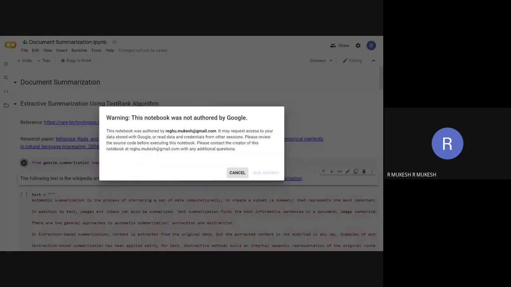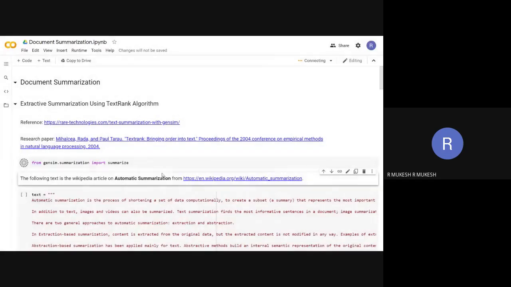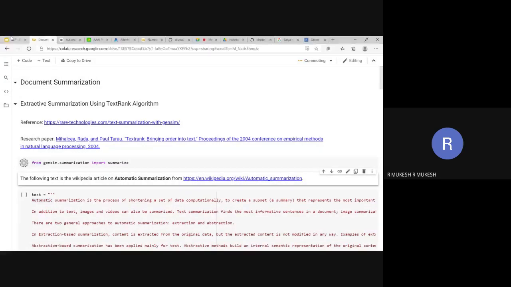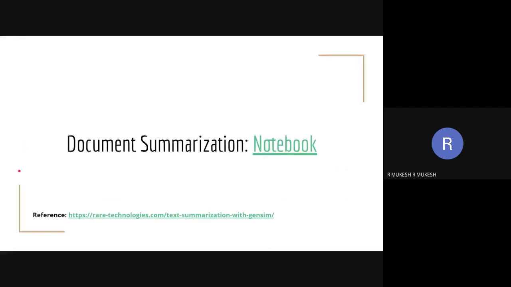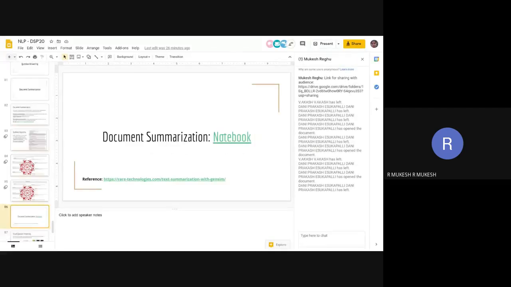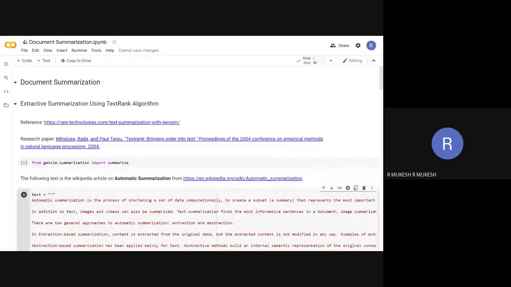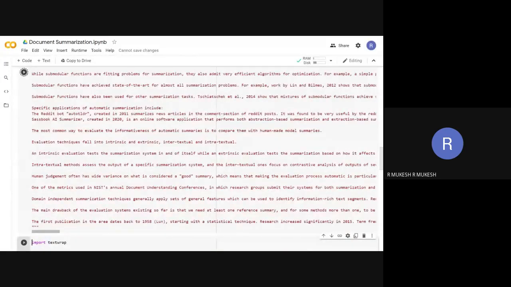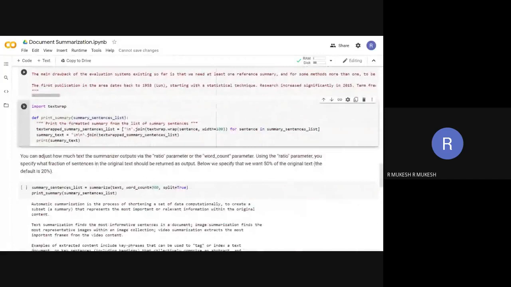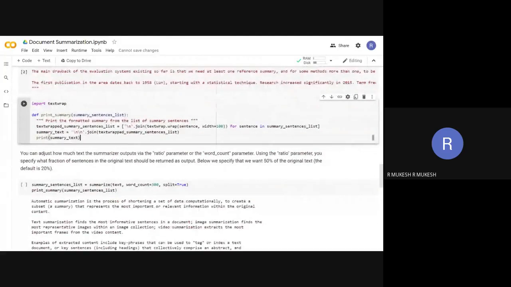Let's just run it. I'm defining the Wikipedia article, which is the same article I pasted in as text, and defining a function to format the list of summary sentences that I'm getting.